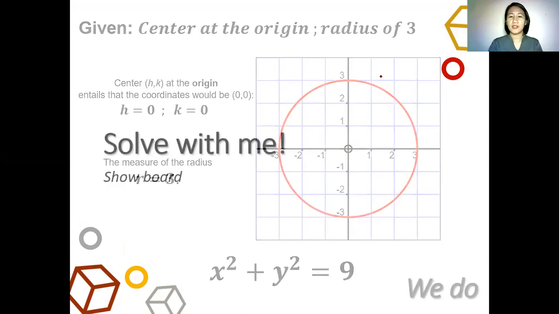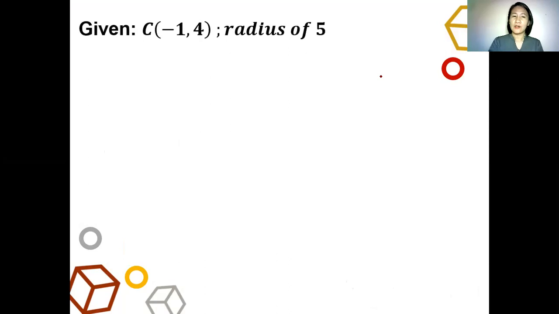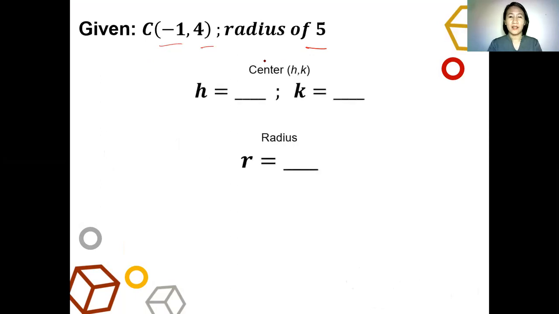So for the next one, I want you to solve with me. But before I give the answer, I want you to try it on your own first. Please pause this video to try it. So we have the given center at (-1, 4), radius is 5. We just have to identify h, k, and r.